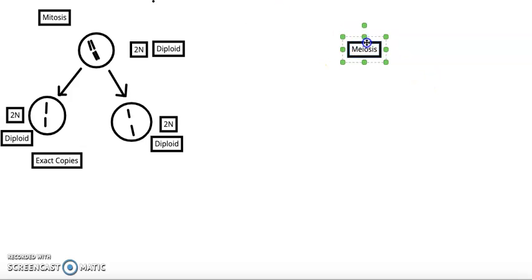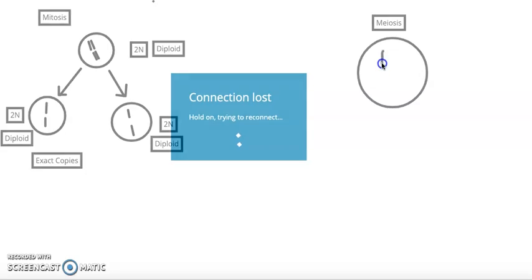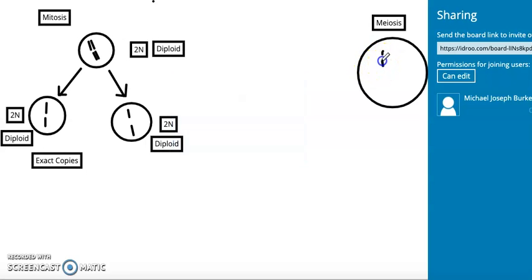So with meiosis, we are starting with parent cells, right? One parent cell. And we're going to start with these replicated chromosomes.